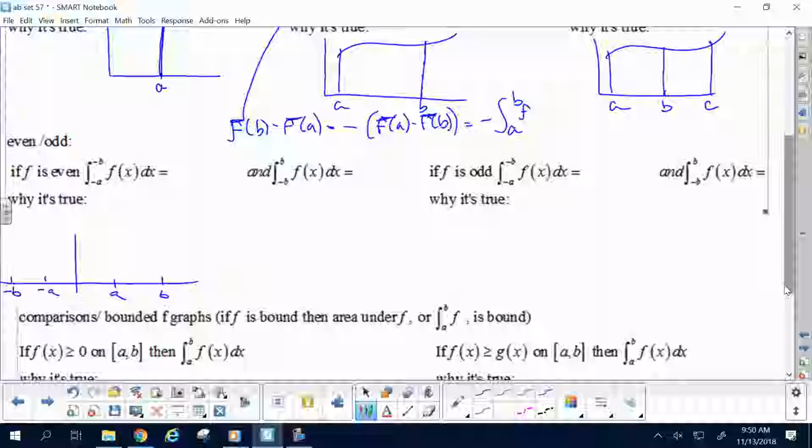Now, remind yourself that an even function is symmetric about the y-axis. An even function should have perfect symmetry on either side of the y-axis, like x squared.